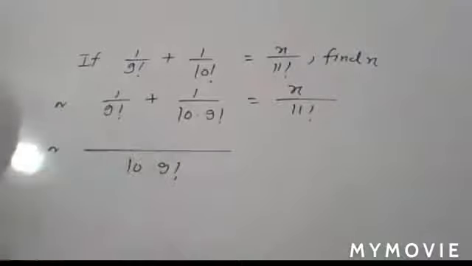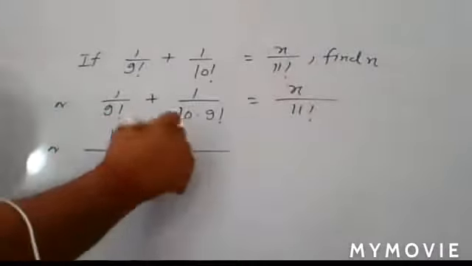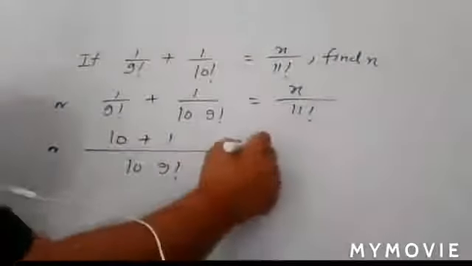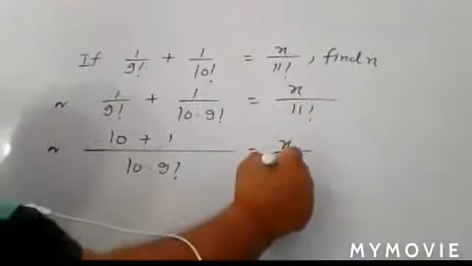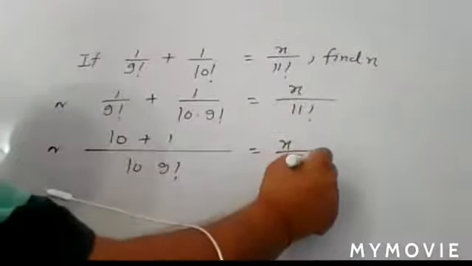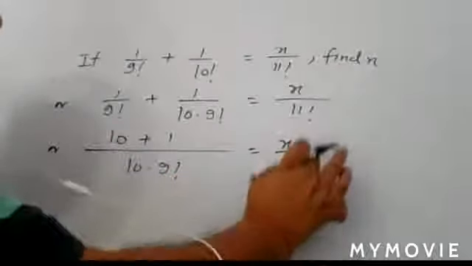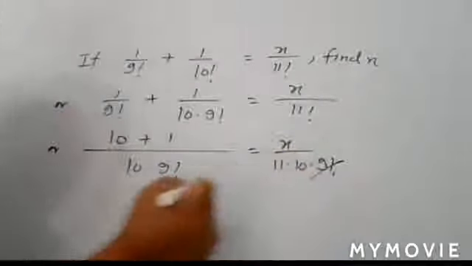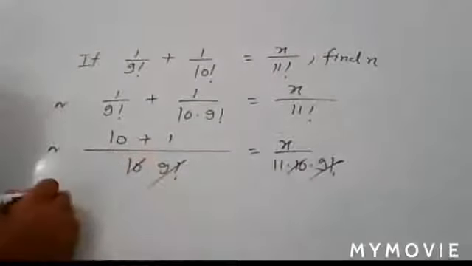Now you divide it. So 9 factorial cancels out. Here you have 10 plus 1 on this side, and it is equal to x upon 11 factorial, which can be written as 11 into 10 into 9 factorial. So 9 factorial cancels out, 10 and 10 cancel out.